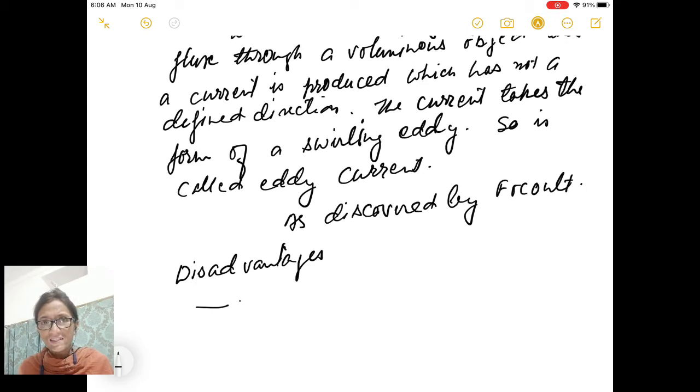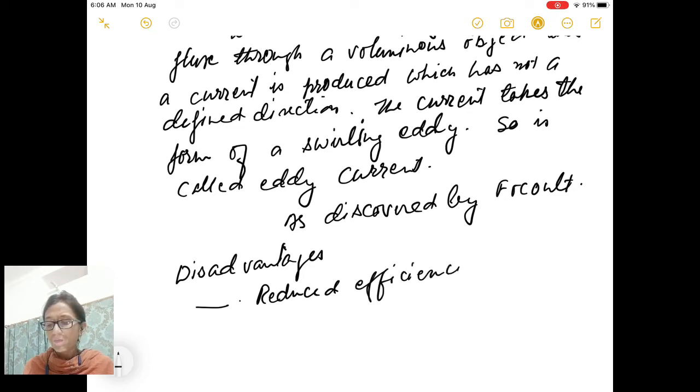Firstly, the efficiency of the machine will be reduced, as some of the energy of the machine will be used in generation of electric current, and then this electrical energy is further changed into heat energy.